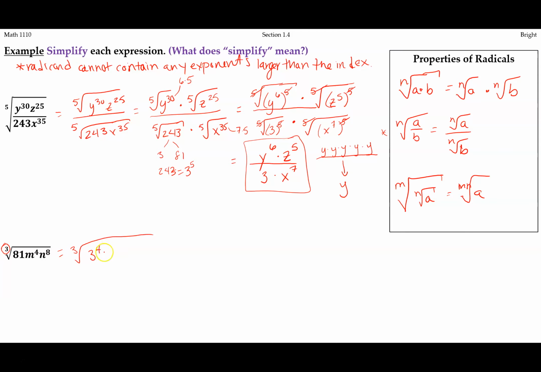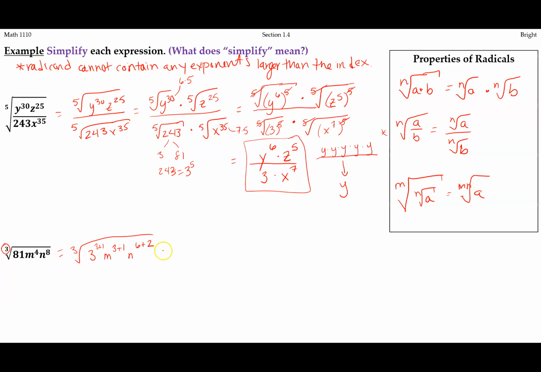And then m, I'm going to represent that 4 as a 3 plus 1, and you'll see why in a moment. And n to the 8th, I'm going to say that is 6 plus 2. And actually this 3 to the 4th, I'm going to write that as 3 plus 1. I'm doing this each time because I want to see a 3 or a multiple of 3 pop out.